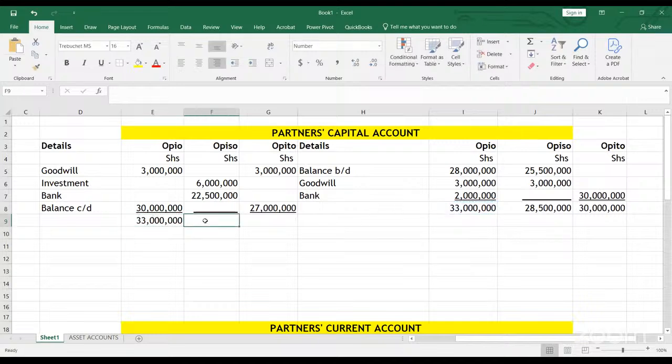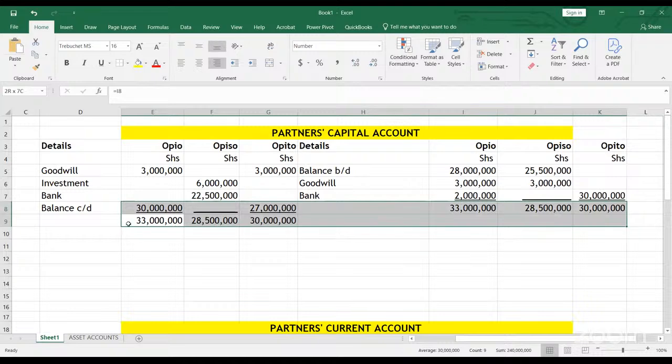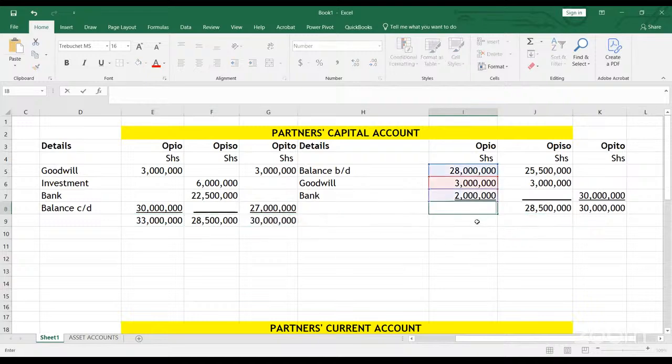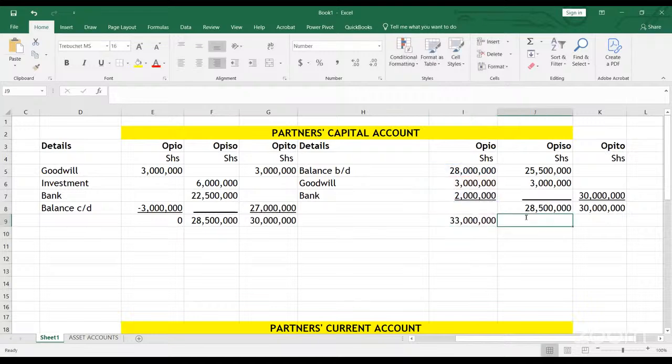So this is our capital account. These balances are up here, yet they have to be on the same line. Let's add them.